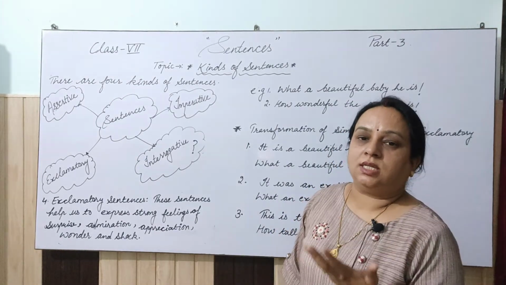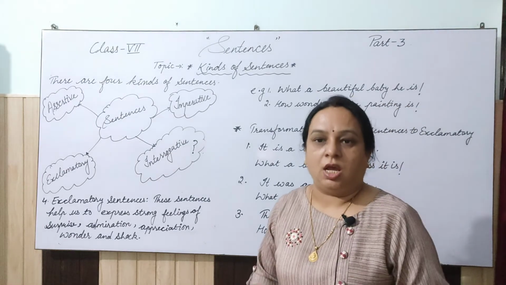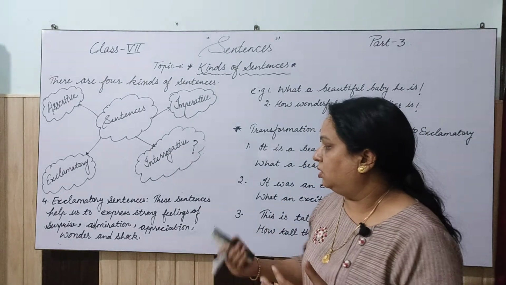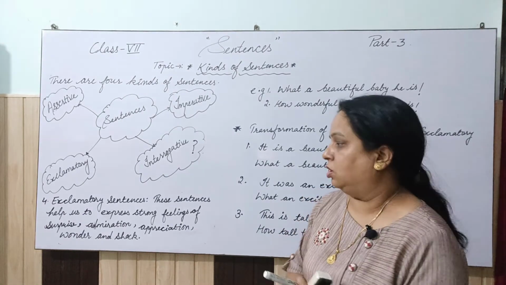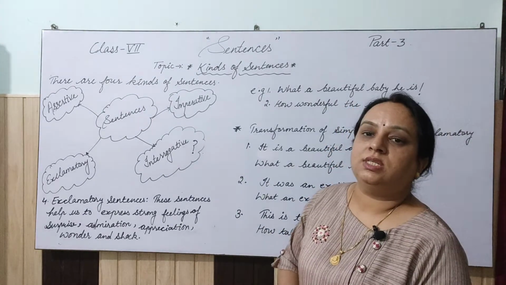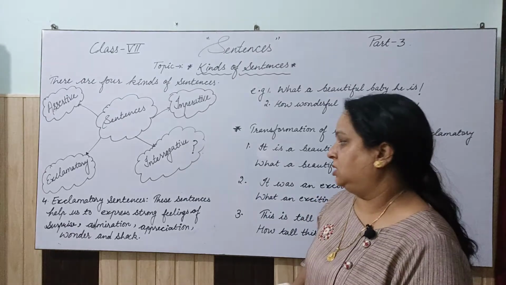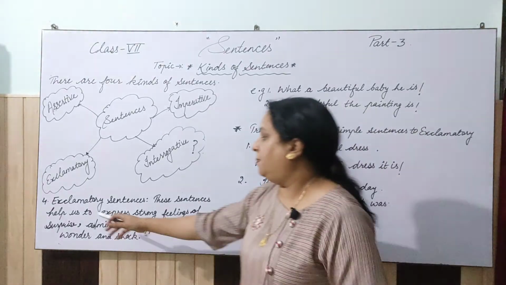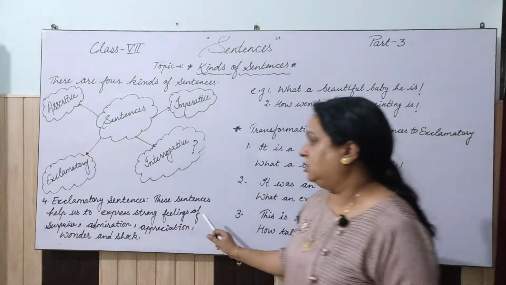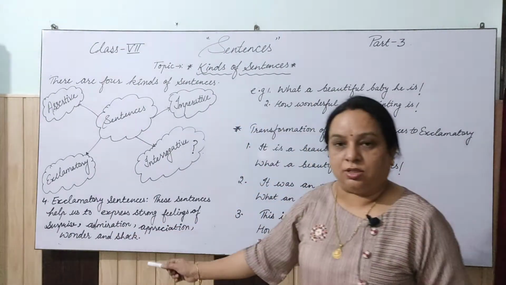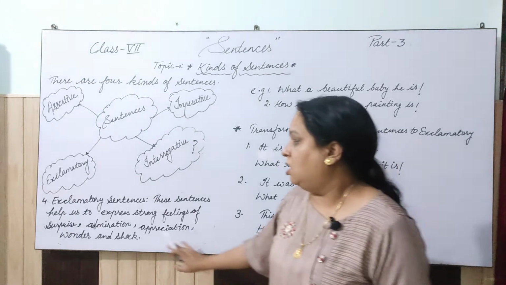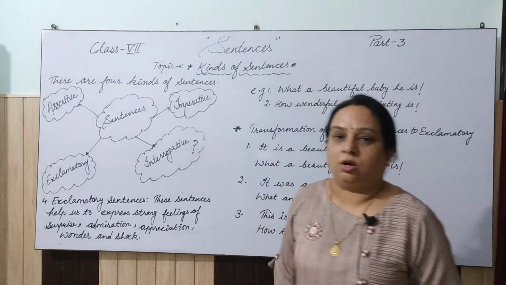It may be sudden admiration, it may be wonder, it may express shock also. So let's see what an exclamatory sentence is. These sentences help us to express strong feelings of surprise, admiration, appreciation, wonder and shock.